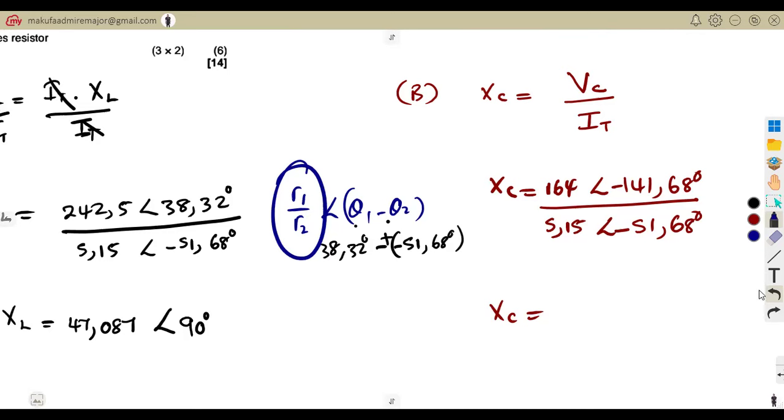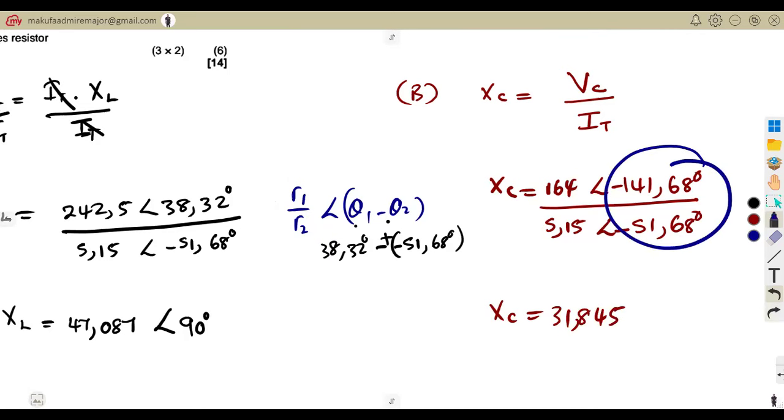Dividing your R1 and R2, meaning in this case you're going to divide these two. That means you're going to have the value of XC, which is 31.845. And for the angles, you subtract, just like what we had. So this is going to give us an angle of minus 90 degrees.